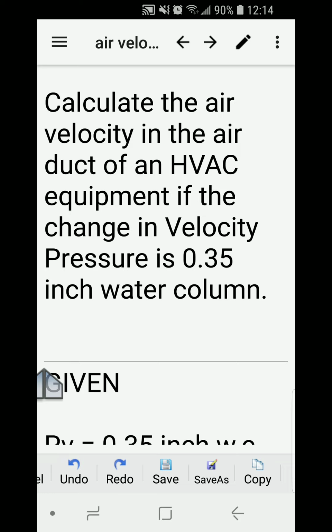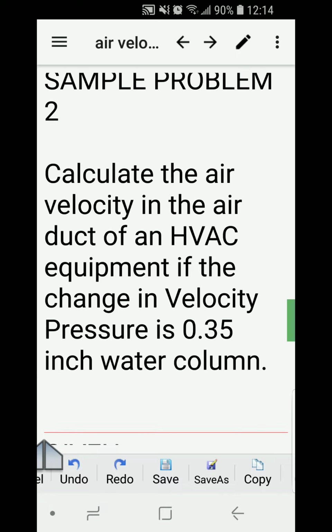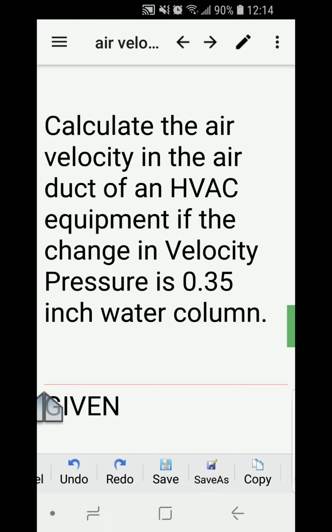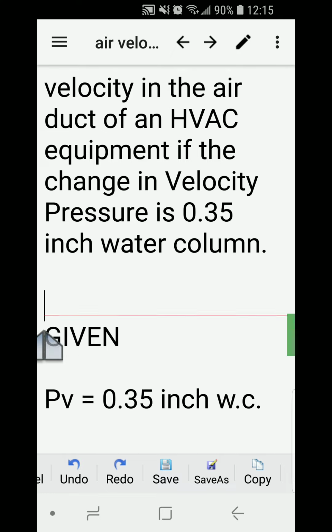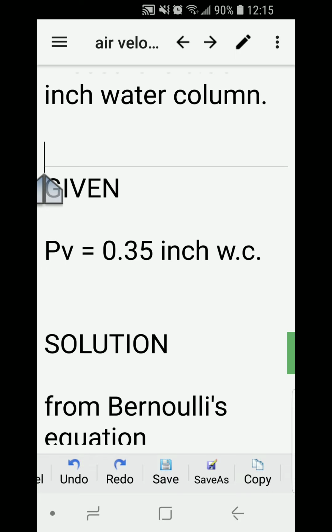So pretty much the same problem as sample problem number 1, but the velocity pressure is 0.35 inch water column. So we expect that the air velocity would be higher in this case. So that's our given, 0.35 inch water column.